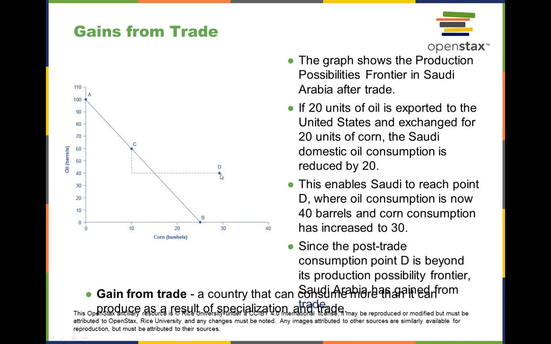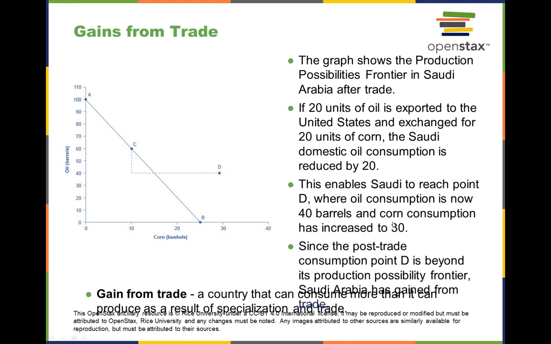So let's say they're operating at point C, producing 60 barrels of oil and 10 bushels of corn. They decide to export 20, so that brings them down to 40. And at this line at 40, we can see that they are going to have 30 bushels of corn.